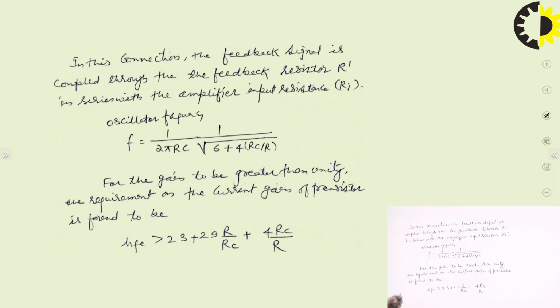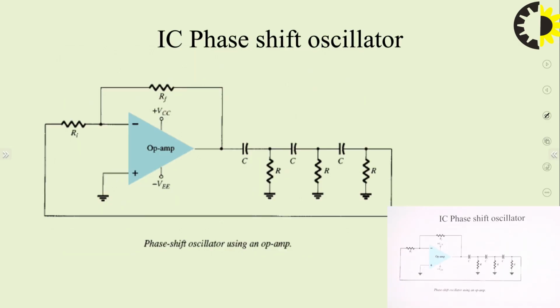You can easily understand this. So for BJT, f is equal to this, and hFE, that is beta, is equal to 23 plus 29 R upon RC plus 4 RC upon R. And simply you can also draw the IC phase shift oscillator like this.